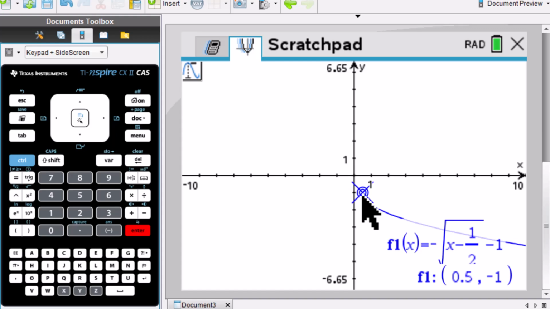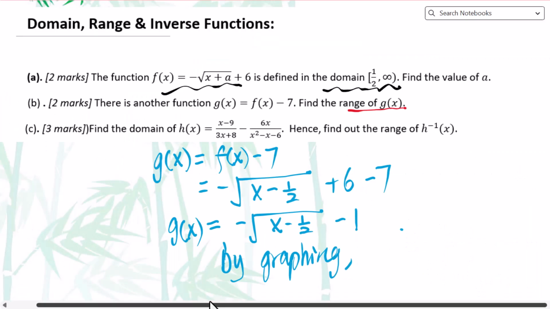This is our vertex. Y value is negative 1. From this graph, we could see range of g of x will be y less than or equal to negative 1. By graphing y less than or equal to negative 1.